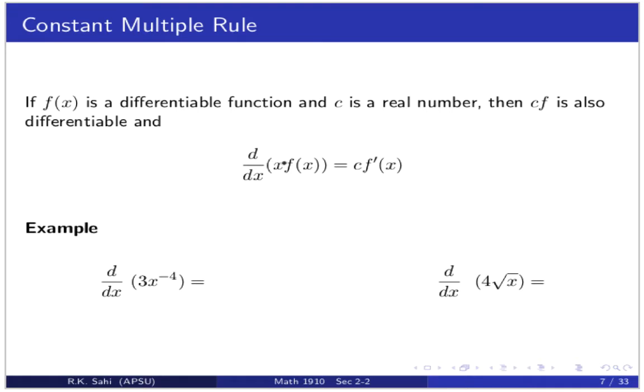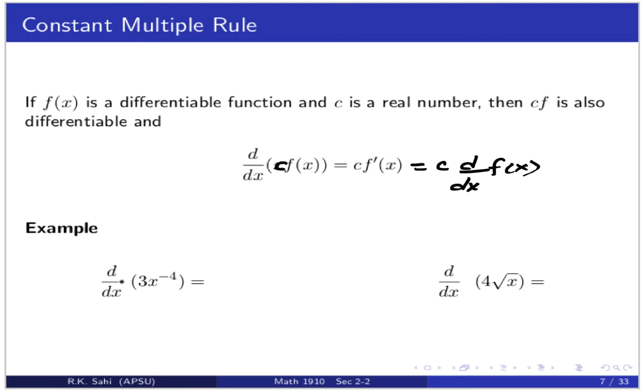Okay guys, there's a typo. This should be a c. So the differential of c times f(x). Now remember, c is a constant. It simply means if you have a constant multiplied to a function, you just take the c out and take the differential of the function. So it's c times f prime of x, or c times d/dx of f(x).